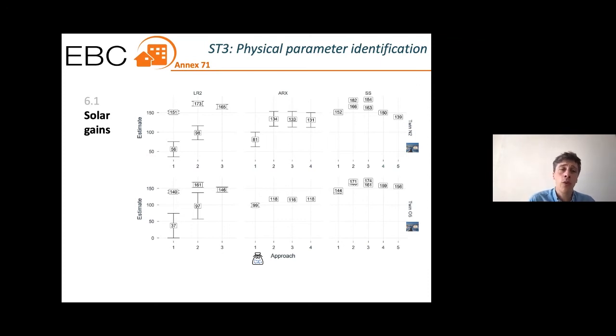So you see that going from approach 1 to approach 2, for instance in the case of ARX modeling, the estimate for the heat transfer coefficient increases, which is logical, because when we ignore the solar gains, we effectively underestimate the heat transfer coefficient. So I advise you to go through the report and look at the different input variables and the graphs that we generated for this.